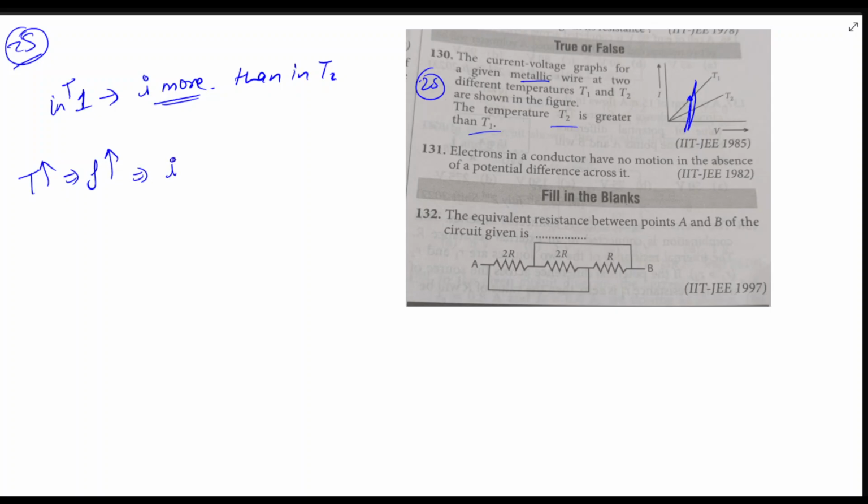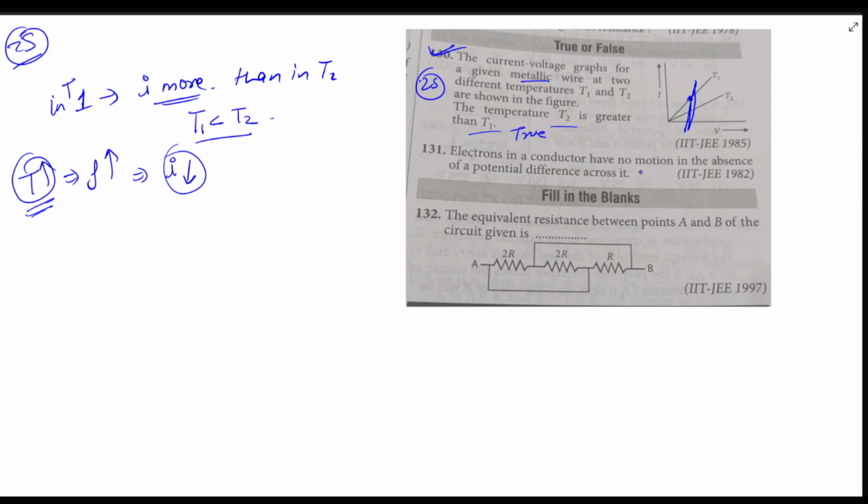That implies the current must decrease, right? So it is like the opposite. The one which has more current must have lesser temperature. So in T1, I is more, right? So T1 must be less than T2. So T2 is greater than T1. So this is true.